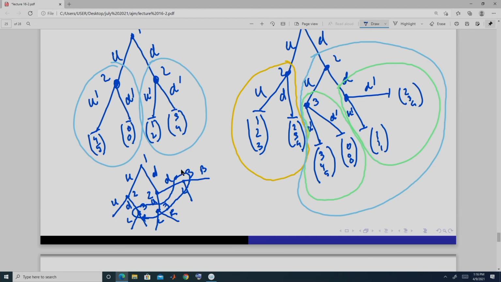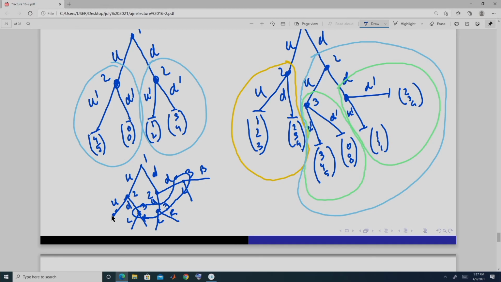So in this case, what you can see is that actually it has no subgame, because if you start from here, what happens? This and this. But this game ends here, and if you start from there, it belongs to this information set.